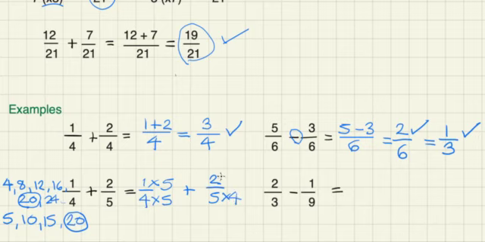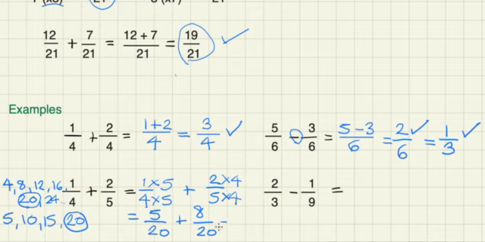Whatever we do to the bottom, we do to the top. So this equals 1 times 5 is 5. 4 times 5 is 20. Plus 2 times 4 is 8. 5 times 4 is 20.